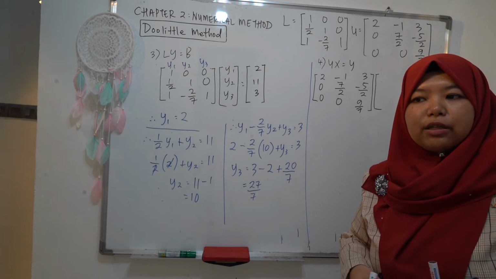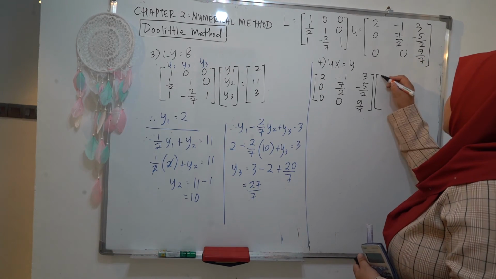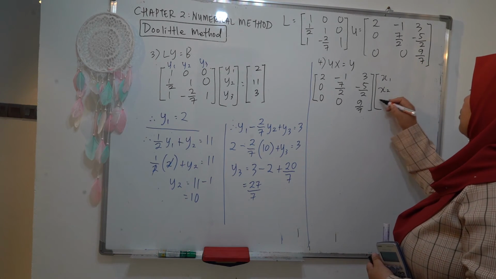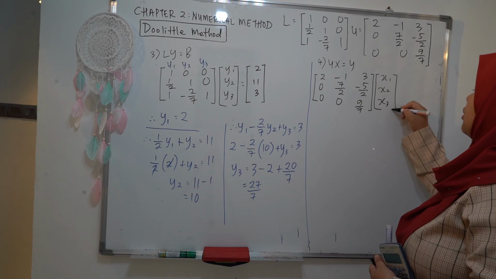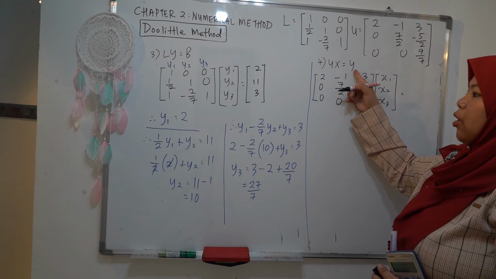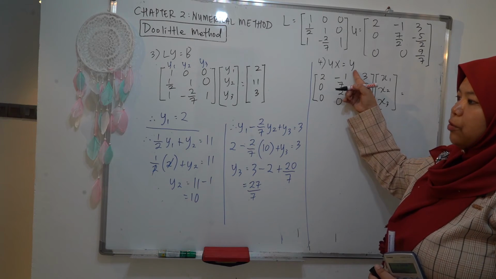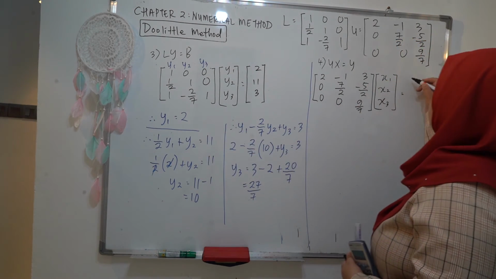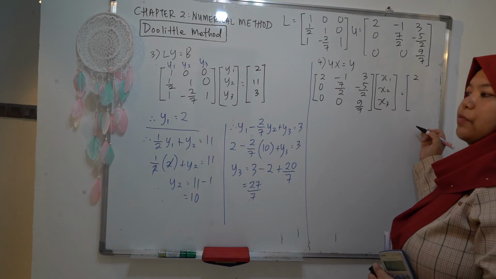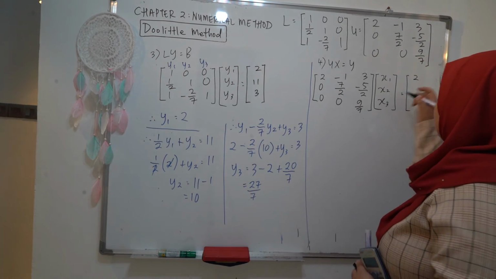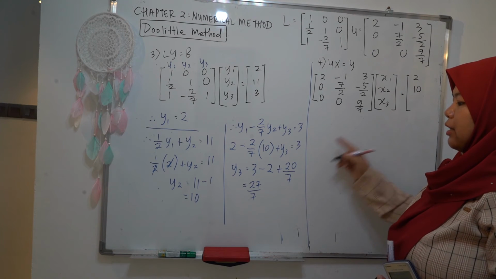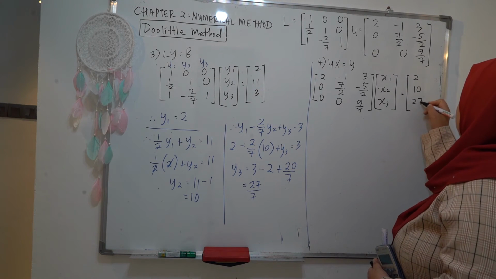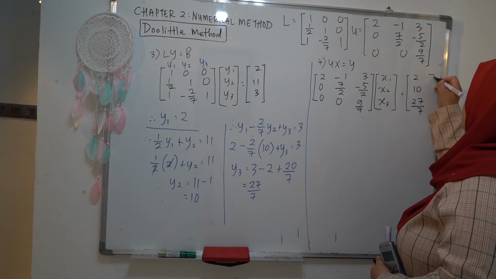Depends on your equation, but for this equation it is x1, x2, x3. What is the y? y is the value that we get in step 3. So y1 is 2, y2 is 10, and then y3 is 27 over 7.